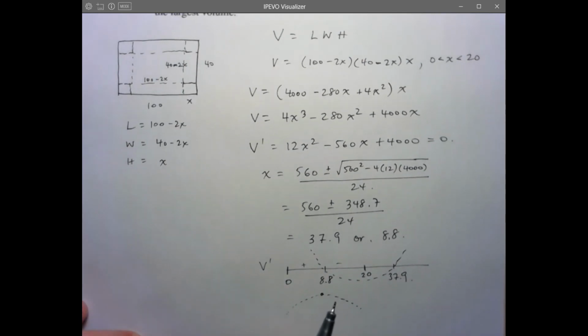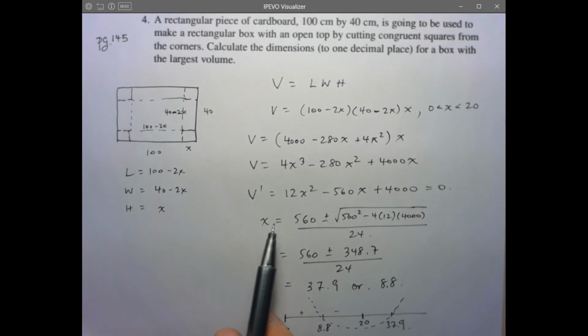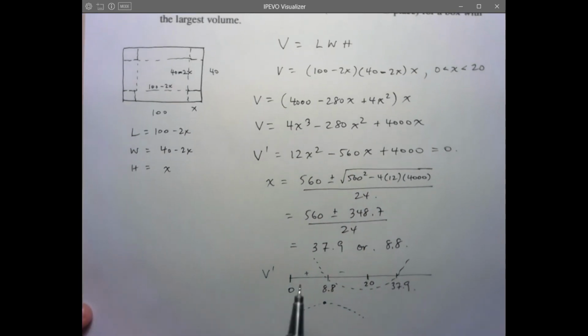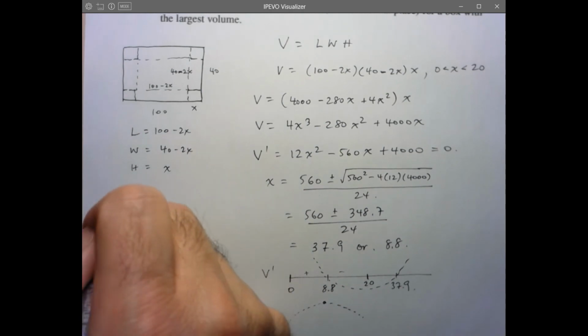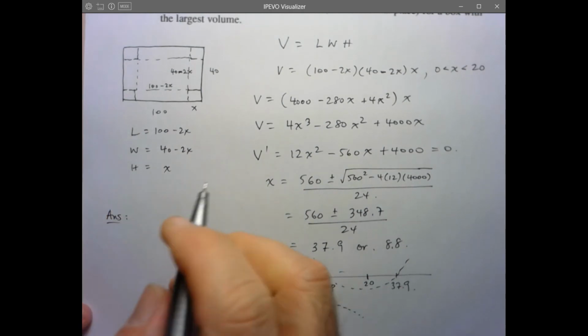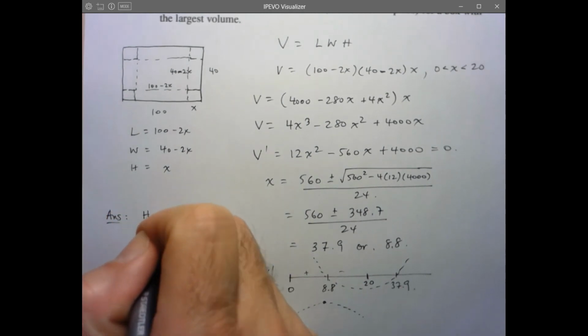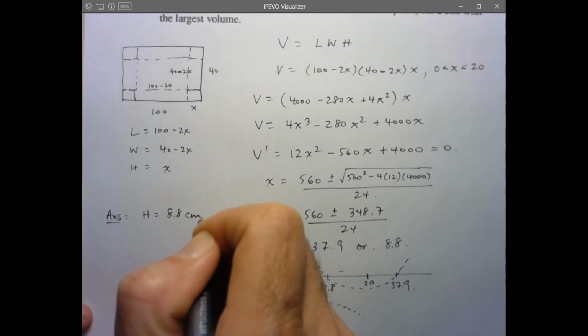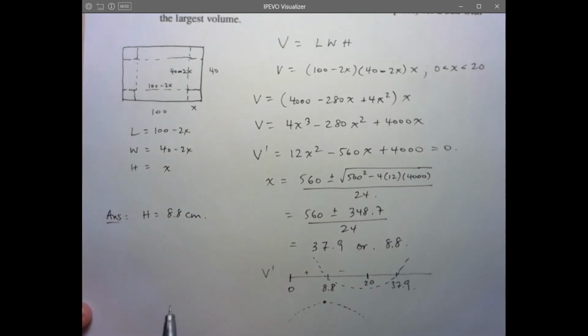All right, so we found what we wanted in terms of the x value. Let's go back to our question and see what they're asking for, and they're looking for the dimensions. So I'm just going to take this x value and put it into here. My answer is going to be that my height, well, that one's easy. We already have it. That's just 8.8 centimeters. Okay, so not a very tall box.